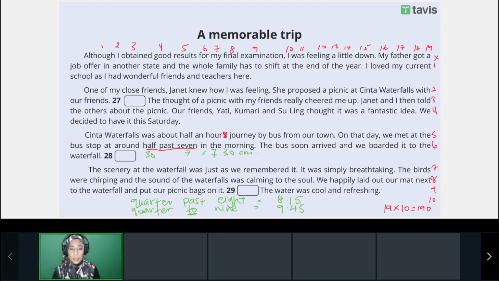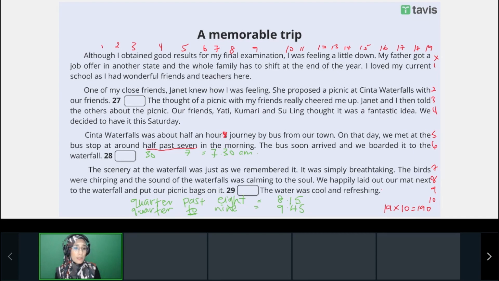Okay, now let's carry on with the reading. The bus soon arrived and we boarded it to the waterfall. Now you know that this girl just finished her final exam, and the dad has to go elsewhere for a new job offer, and they have to shift to another state, and she was feeling a little down.